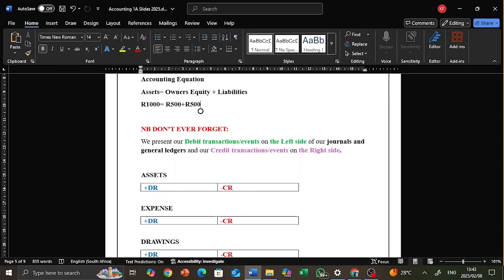So in this case, our residual interest here will be 500 Rand because we have subtracted 500 Rand worth of liabilities from 1,000 Rand worth of assets to give us residual interest of 500 Rand. Okay? Is that fine, sir?